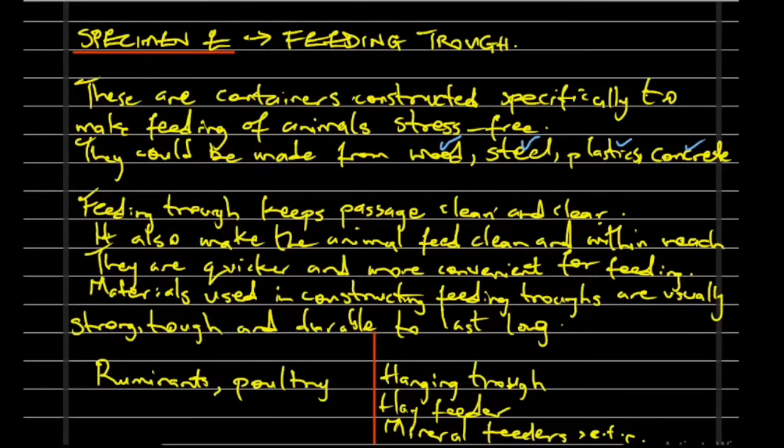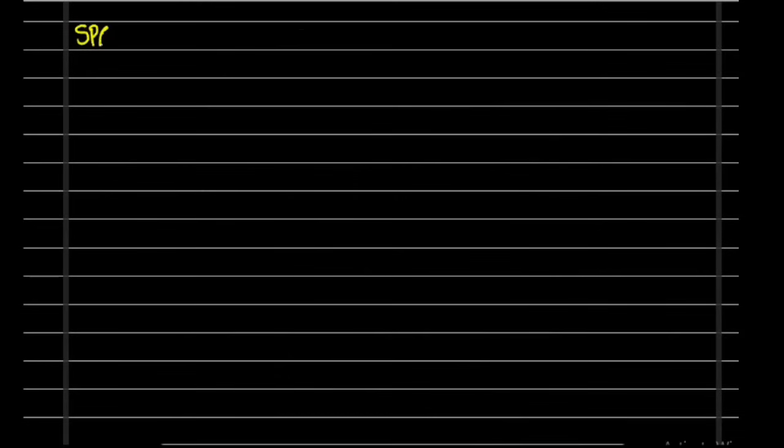So quickly we move over to the next specimen, which is specimen F, and we said it is a coconut meal. We'll quickly look at a couple of things about this specimen, starting with the classification.